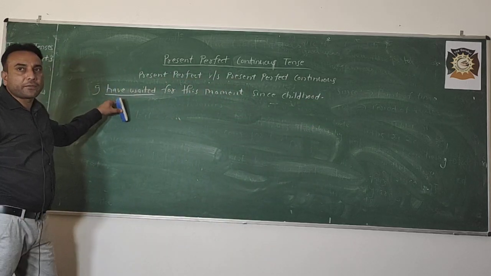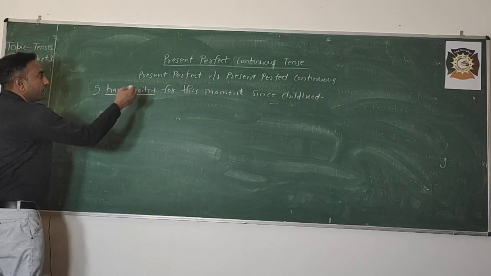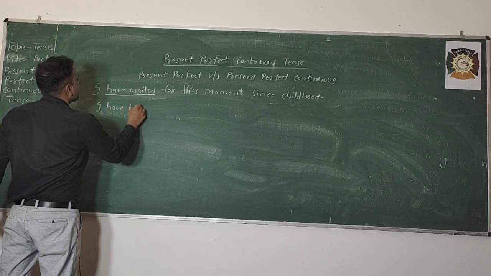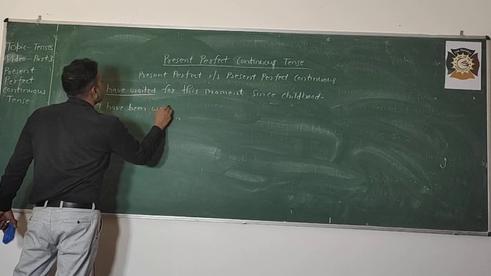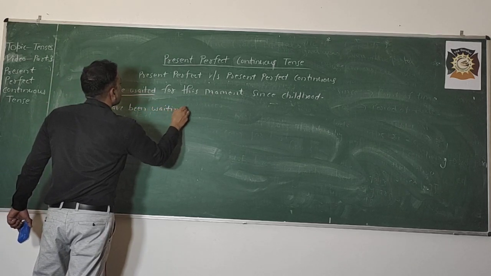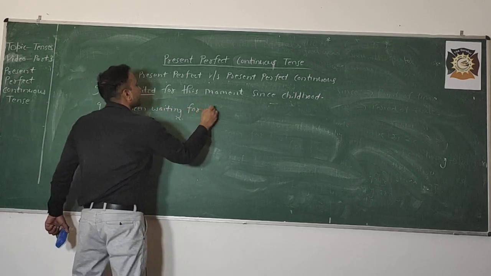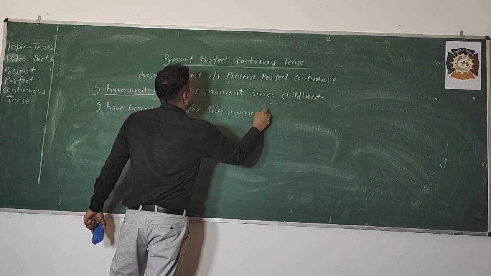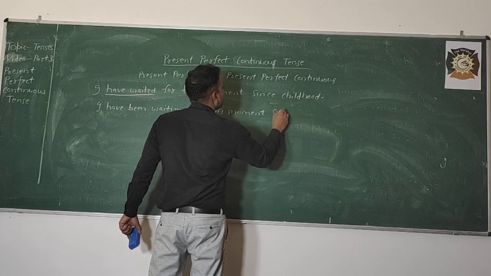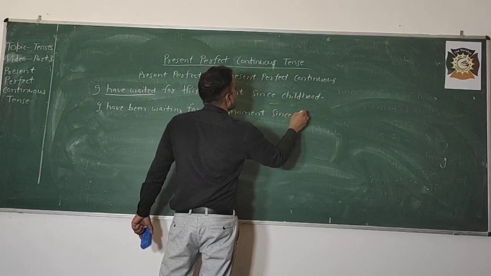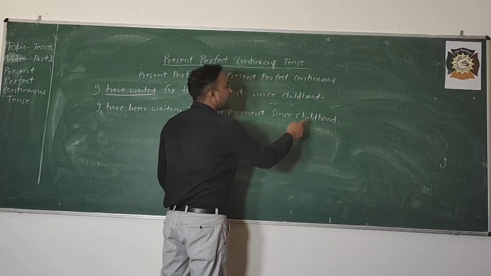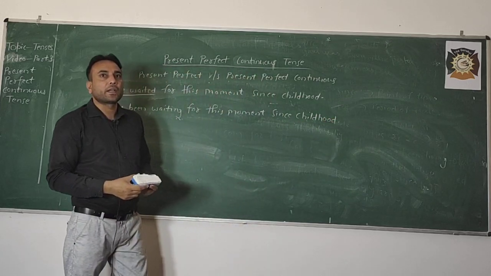Have waited is present perfect, but you can use the present perfect continuous: I have been waiting for this moment since childhood. A point of time is given. Since childhood is a point of time.